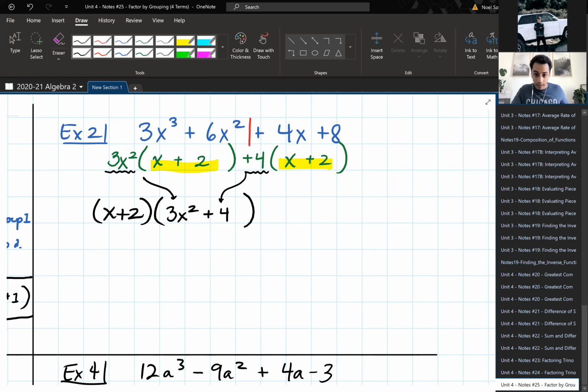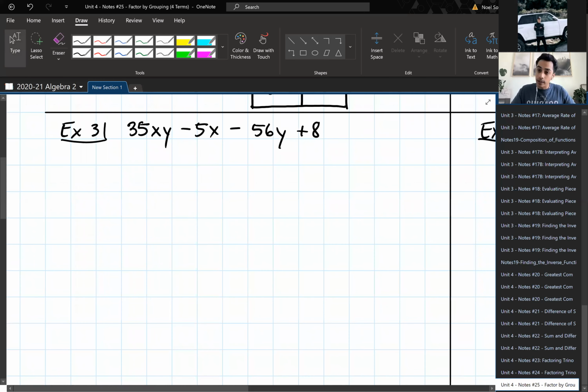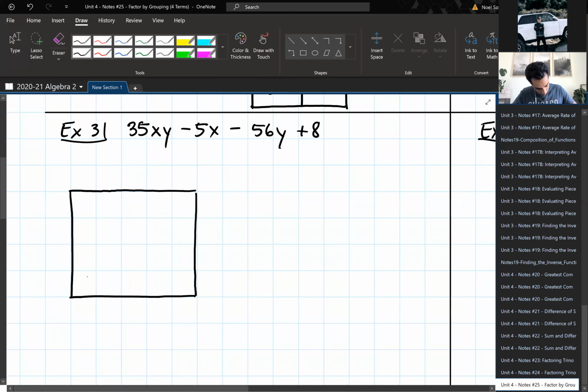All right, let's keep moving. Let's go to number 3. All right, number 3, let's set it up in a box method. All right, here we go, box. 35xy, negative 5x, right?